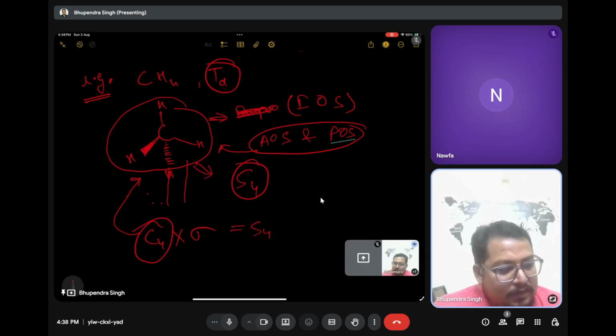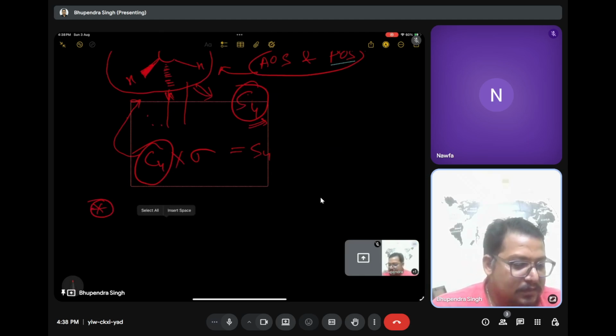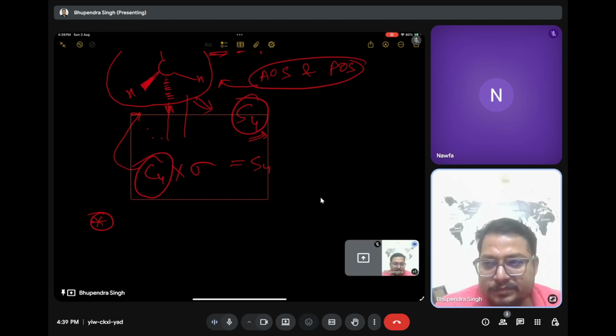Still the improper axis is present, which leads to an exception: it is not necessary that both an axis of symmetry and a plane of symmetry should be present.